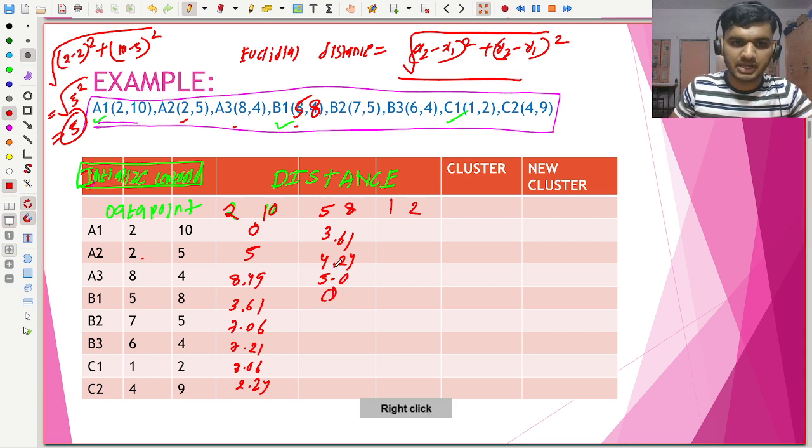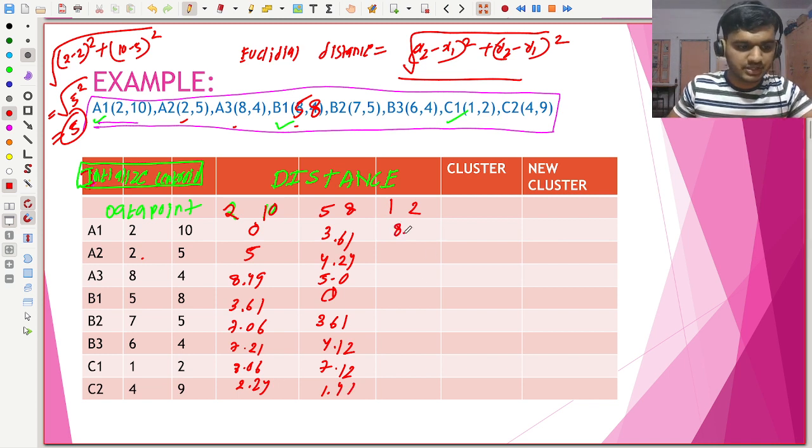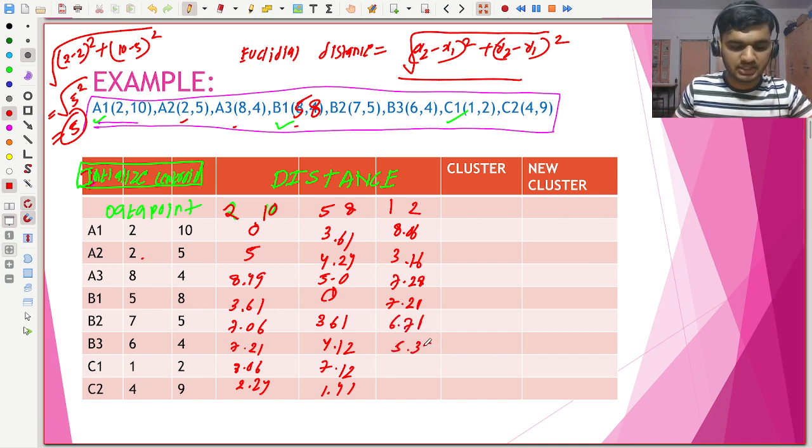Then 5.8 to 5.8, that is 0, and 3.61, 4.12, 7.12, 1.41. This is also 8.06, 3.16, 7.28, 7.21, 6.71, 5.39, 7.62.